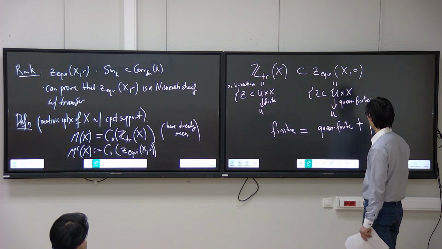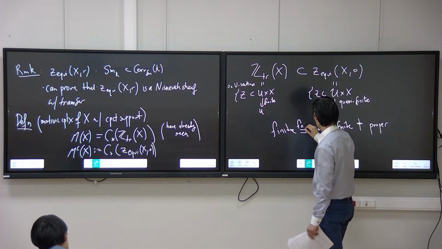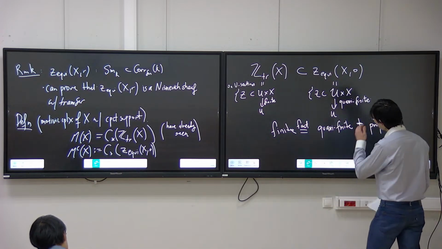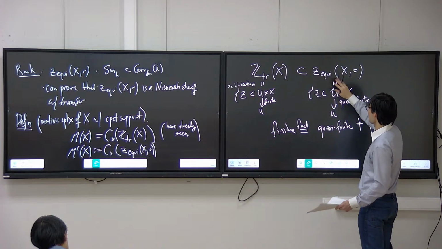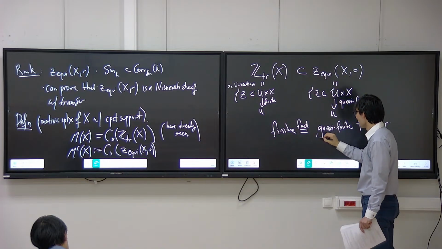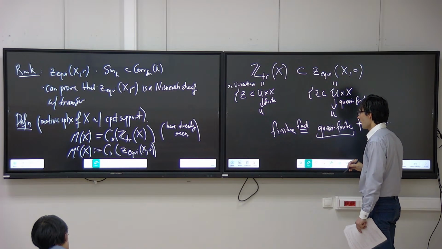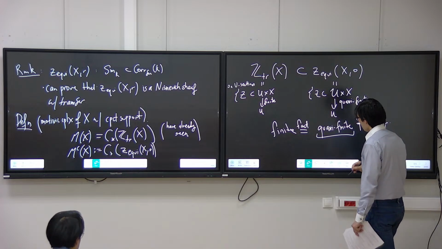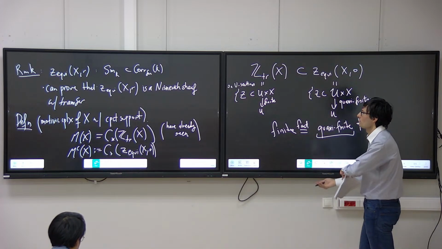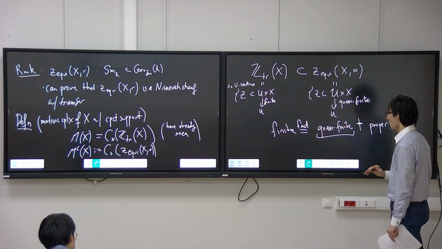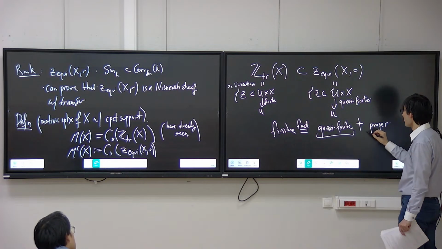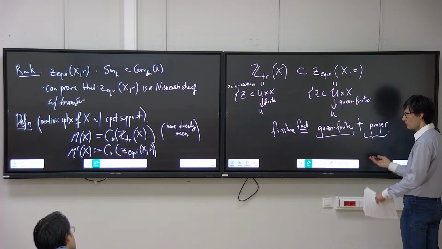That's a useful fact. So this Z equi cuts out quasi-finite things naturally, and it therefore naturally forms a functor on what remains, some kind of proper schemes.